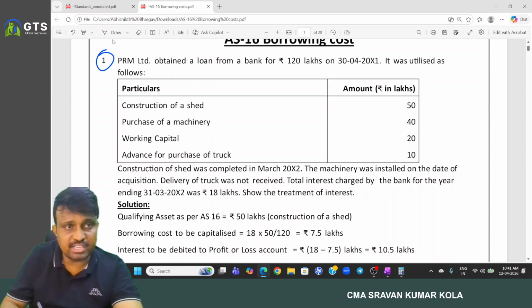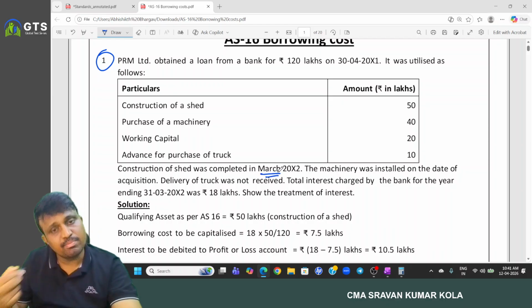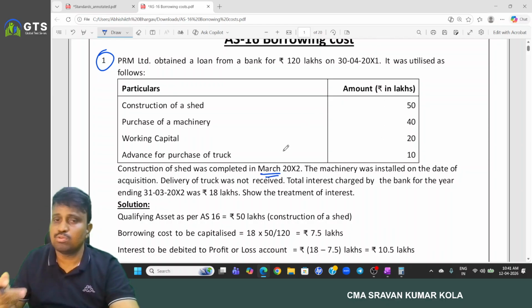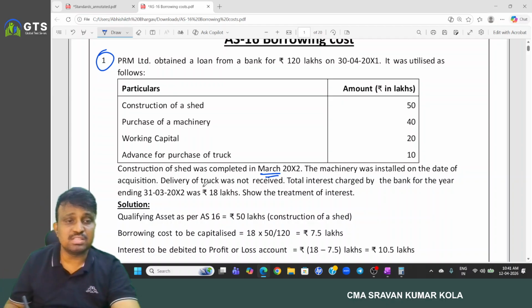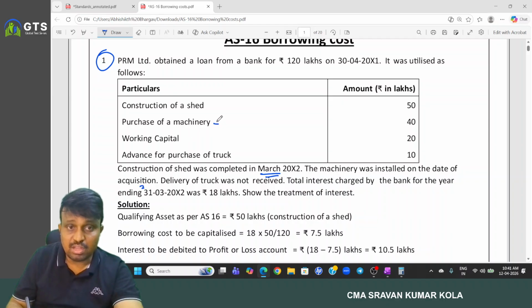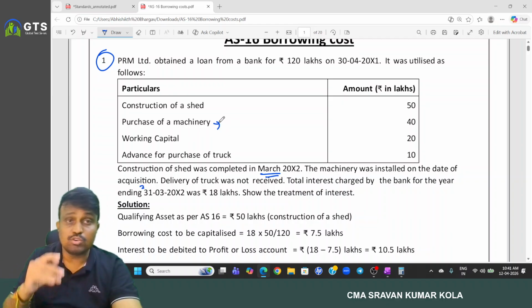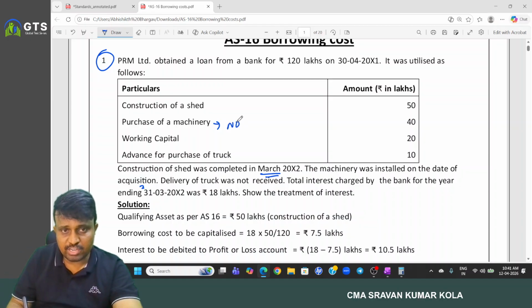Construction of the shed was completed on 31st March 2002, and it took around 1 year. The machine was installed on the date of acquisition itself, so no substantial period is required and it is not a qualifying asset. And working capital is always not a qualifying asset.